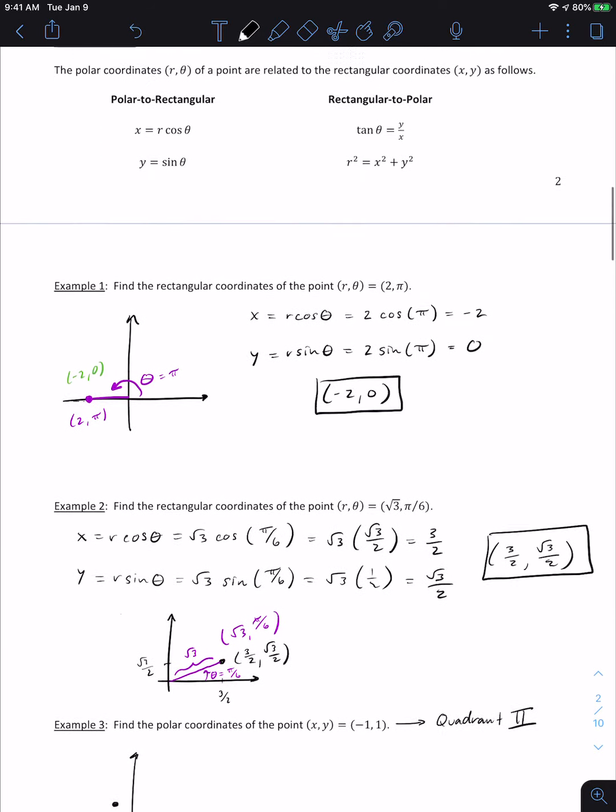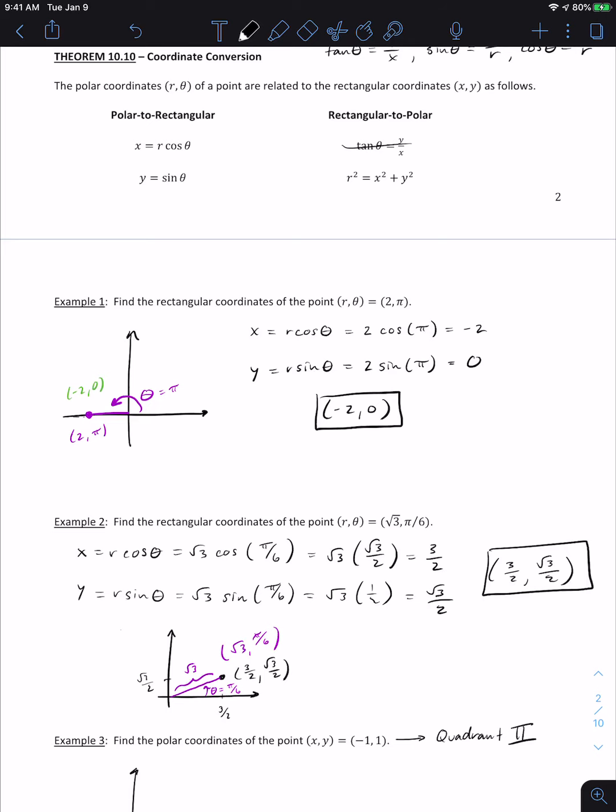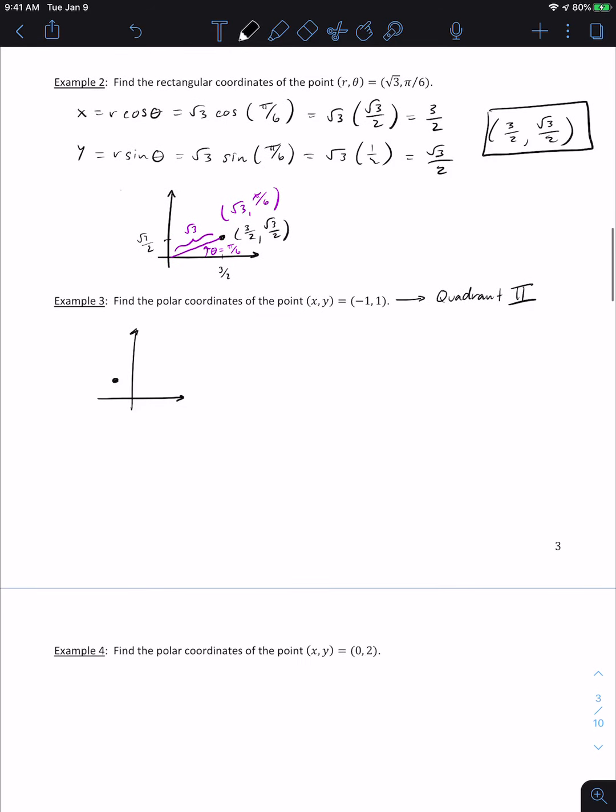Okay, so how do we find theta? We find theta through tangent theta equals y over x. So tangent of theta is equal to y over x, which is 1 over -1, or -1. So when is tangent theta equal to -1? Well, it is equal to -1 at 3 pi over 4, because the pi over 4s are the ones that are radical 2 over 2.